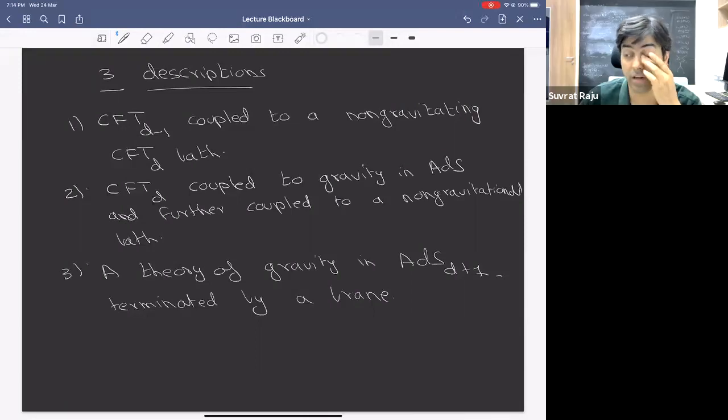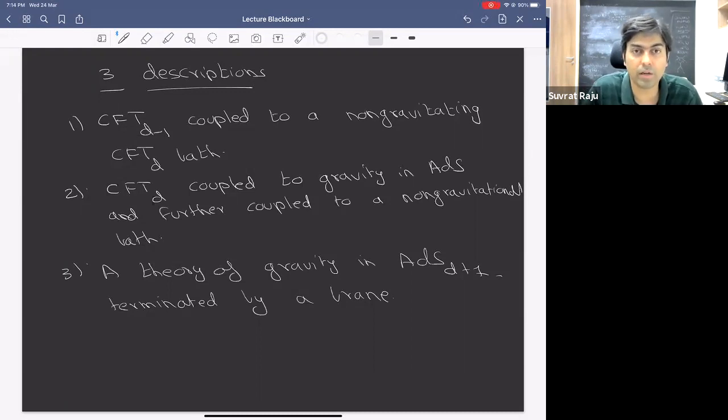Oh, you mean CFTD living only in the bath with dynamical gravity. That would have a D-1 dimensional dual, right? Yeah, so if you took the CFTD only living in the bath, at some point you're terminating the CFTD with some boundary conditions.